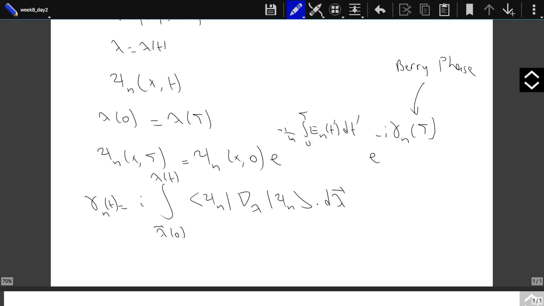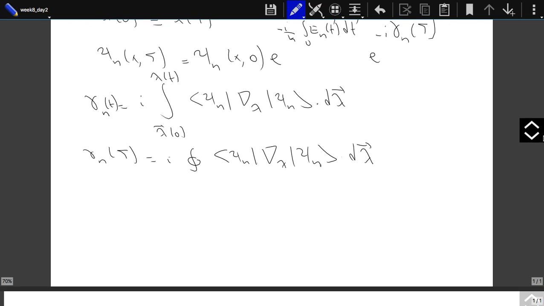And then the Berry phase, this gamma n of t, is nothing but i times the integral over one period, because we start from some values of our parameters and we end up having the same values, of psi n, gradient, psi n d lambda. And we had also seen that this is actually a real number, because that matrix element, whatever our wave function is, is either 0 or pure imaginary. When we multiply it with i, it becomes a real number. So this is actually a phase.